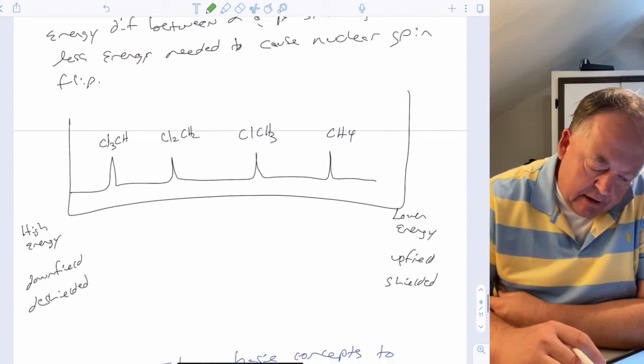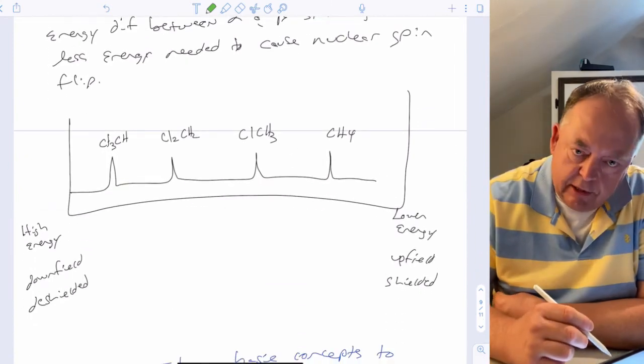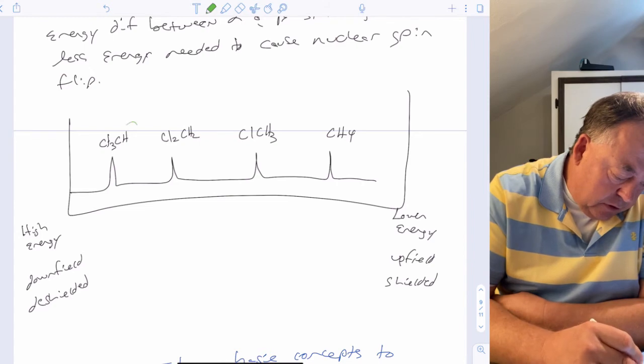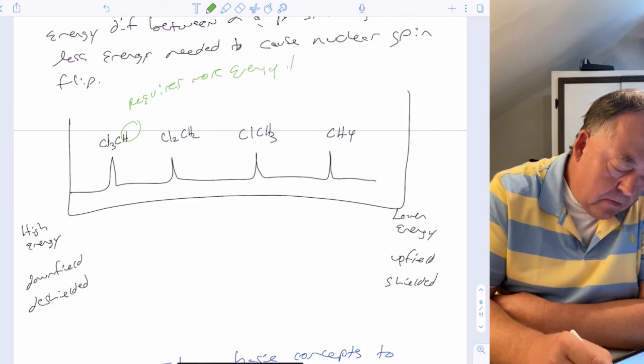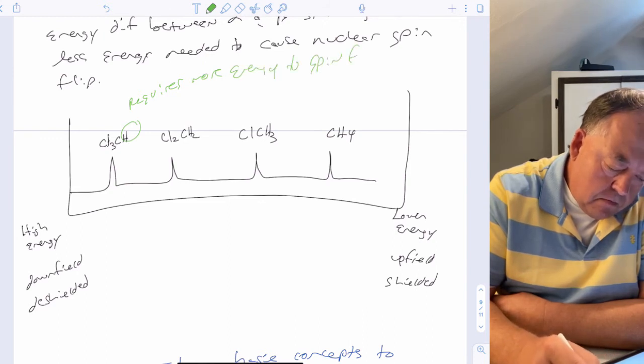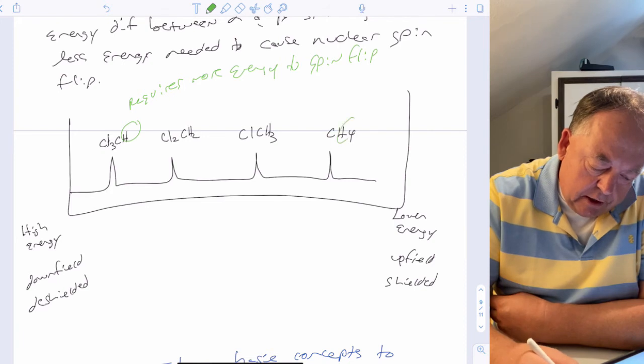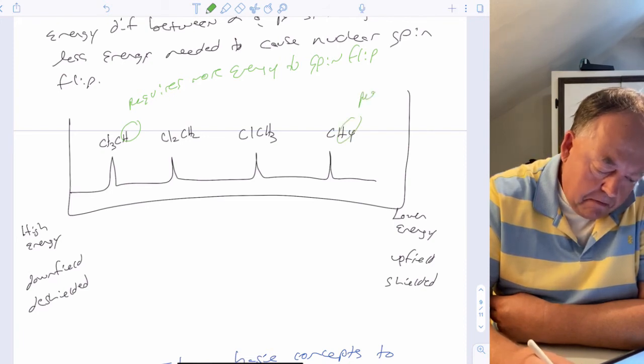Okay, so if you did the NMR of these four molecules, it would basically look like that. So this requires more energy, and this requires the least energy to spin flip.